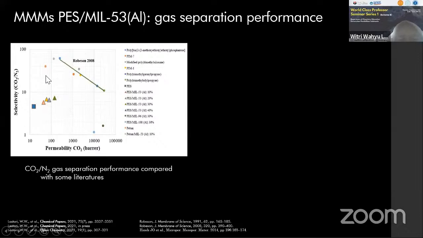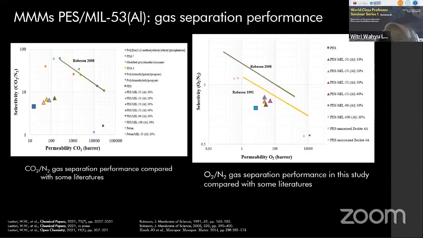It means the addition of MOF still has an impact on this gas separation. And if we see here, in the case of carbon dioxide and nitrogen, and in the case of oxygen and nitrogen, we plotted this result also on the Robeson curve, and still the addition of the MOF has better performance than the PES itself, but it is still under the Robeson curve.